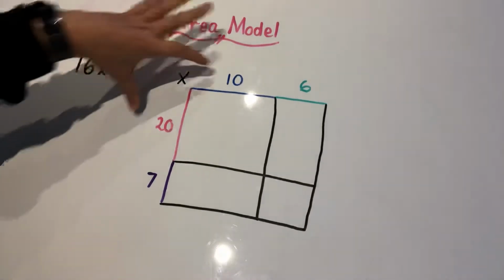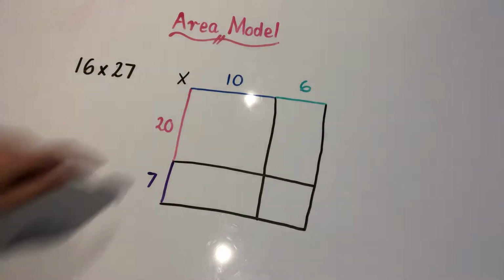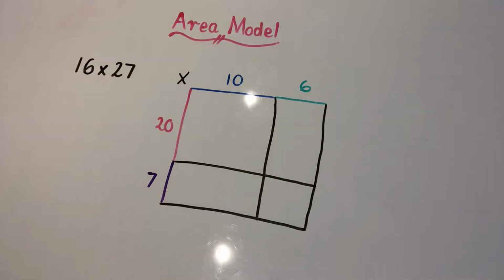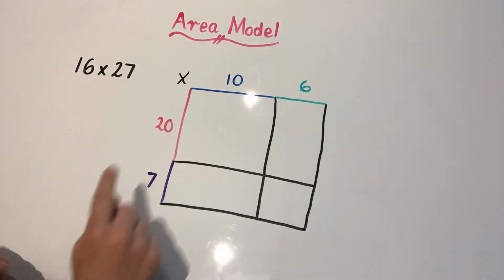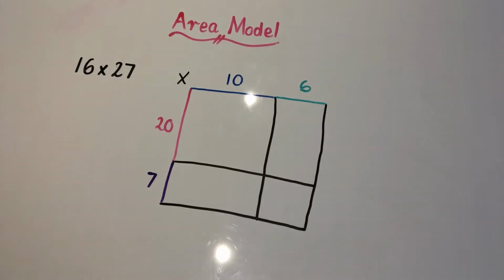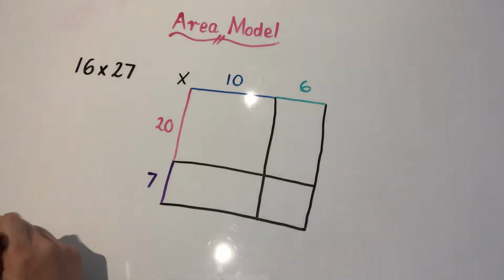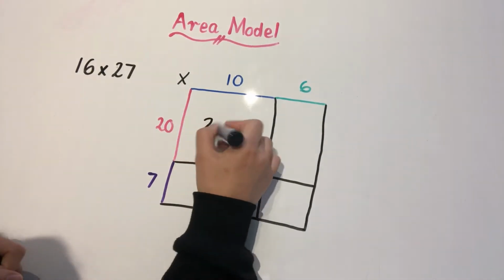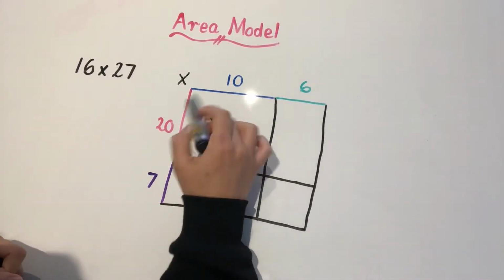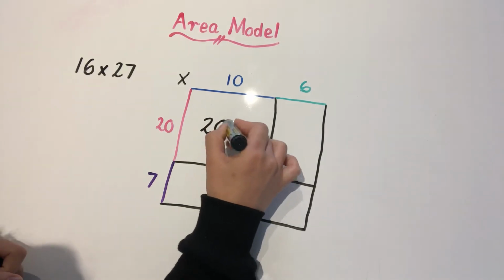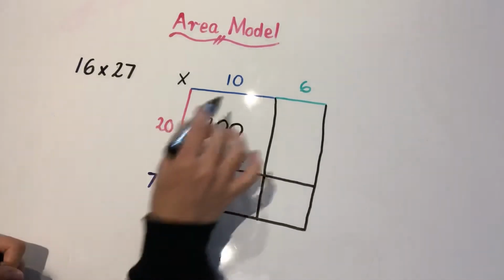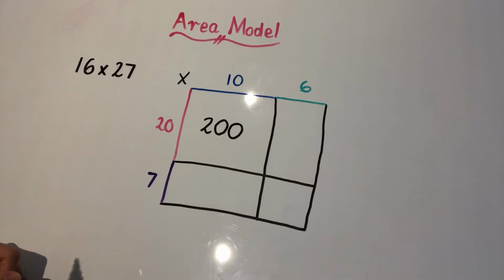So first of all, I'm going to begin with our tens value. So we've got 10 multiplied by 20. Remembering when we're multiplying anything with 0 at the end, we can take our zeros off. So I'm going to think of 1 multiplied by 2, which I know is 2, and then we add our zeros at the end. There's a 0 in each number, so that means I need to add 2 zeros on. So 10 multiplied by 20 is 200.